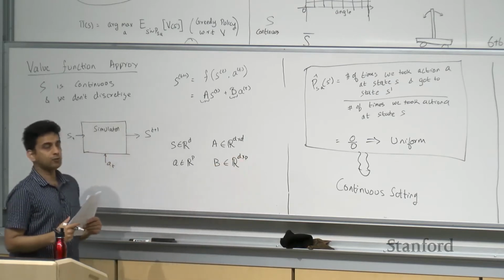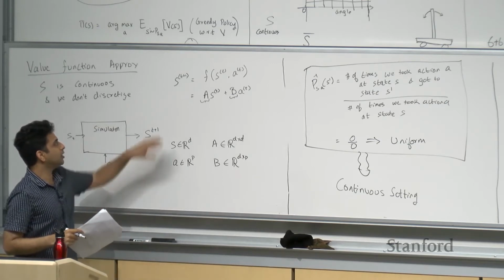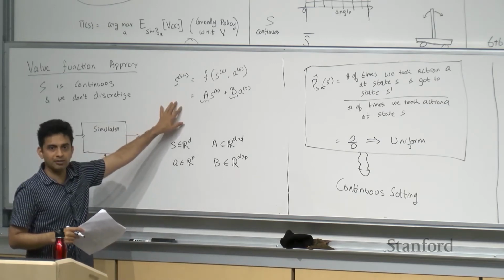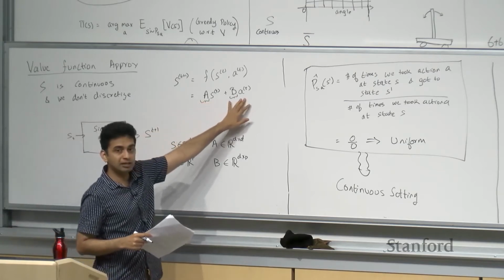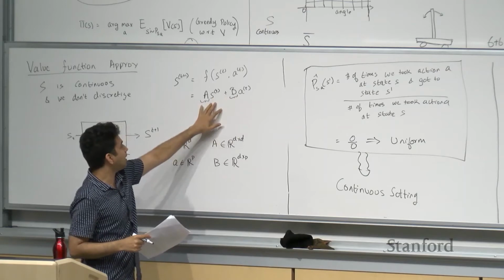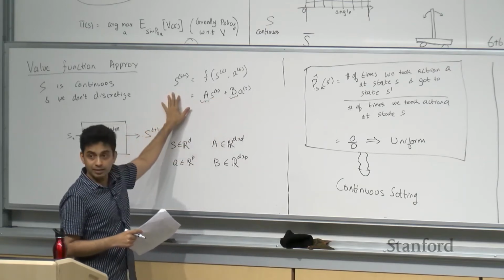For those of you who have some background in electrical engineering, you might recognize this as a linear dynamical system. You have some particular state and you're taking some action, and the action and the state have this linear relationship to decide the next state.